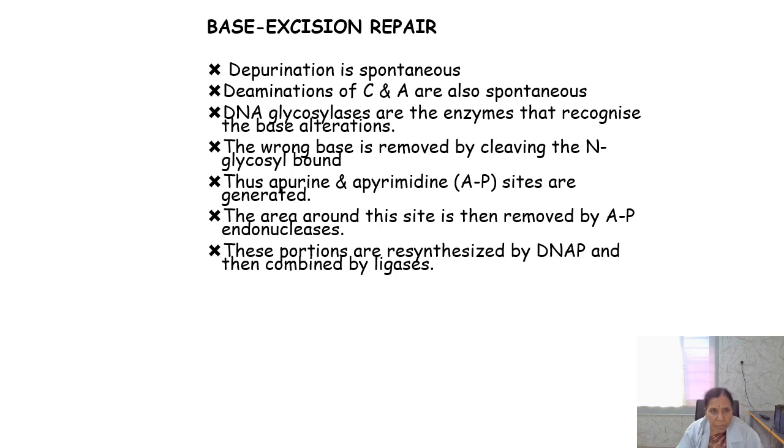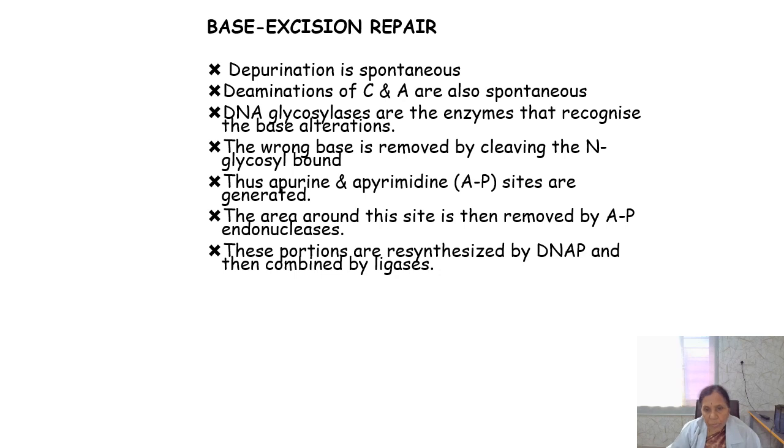In base excision repair, depurination is spontaneous. Deamination of C and A are also spontaneous. DNA glycosylases are the enzymes that recognize the base alterations. The wrong base is removed by cleaving the N-glycosyl bond.